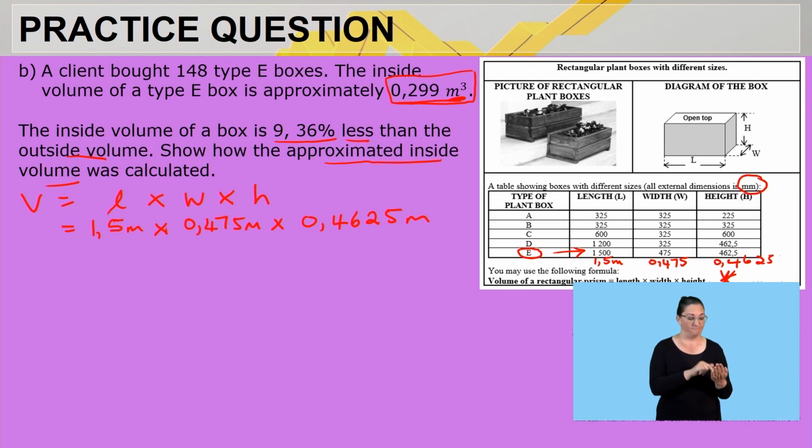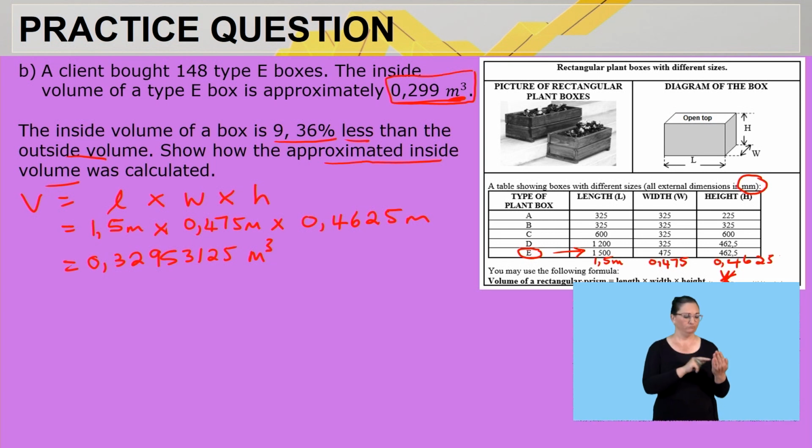So 1.5 multiply by 0.475 multiply by 0.4625. So that will give us exterior volume of 0.32953125, and this is cubic meters.